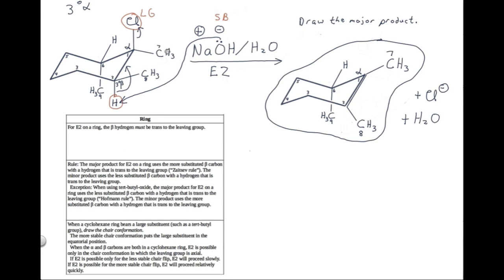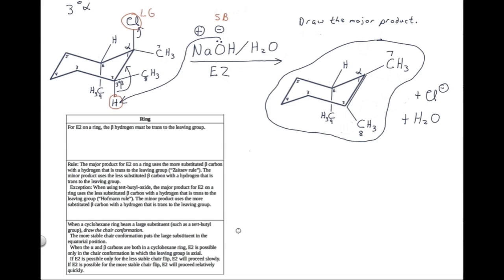The hydrogens on carbon 7 are possible for E2, but they would give us the minor product in this case. Remember when you're using these guidelines that there's a different guideline for ordinary bases or for tert butyl oxide. So it was important to notice that on this problem we were not using tert butyl oxide. That would have changed who the major product was.